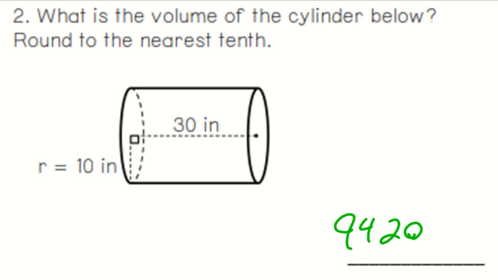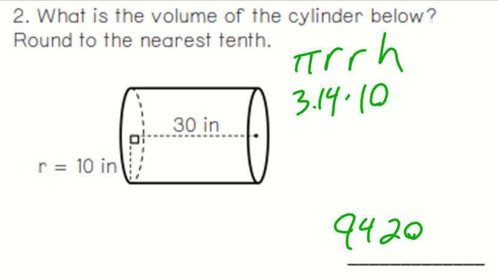This one. Volume of a cylinder is pi times radius times radius times height. So we're using 3.14 times 10 times 10 times 30. They gave you radius, so we don't have to cut it in half.